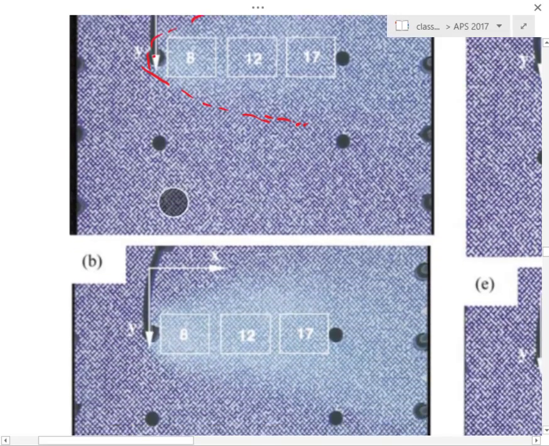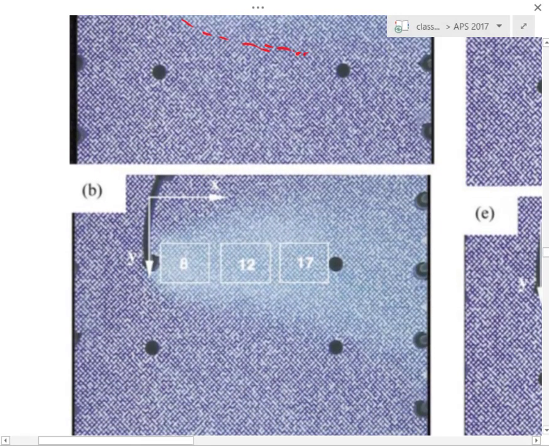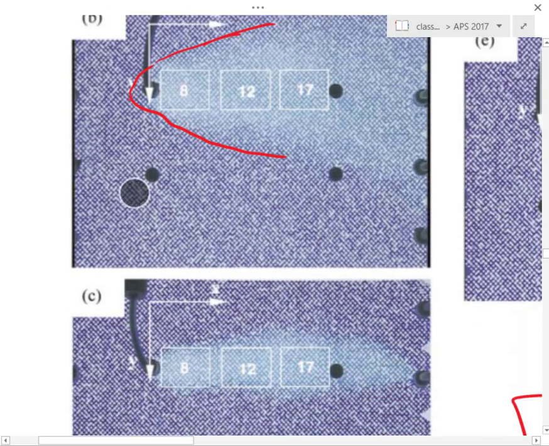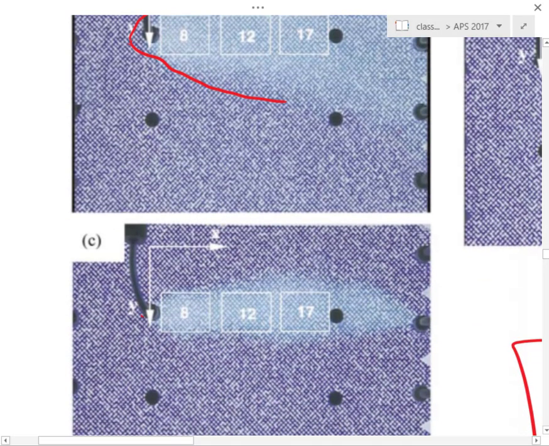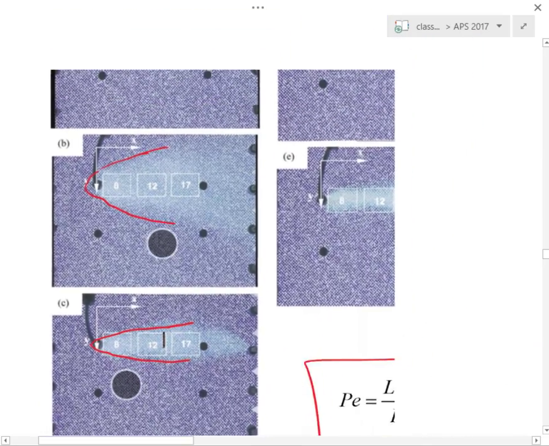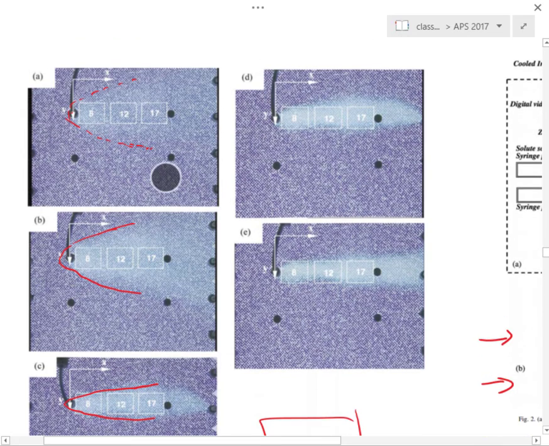So a small Peclet number, and then it looks more like this. So that's a little bit bigger. A little bit bigger here, and like so.